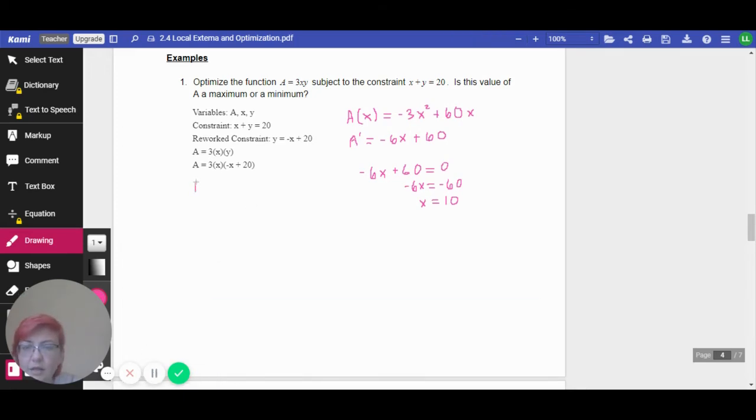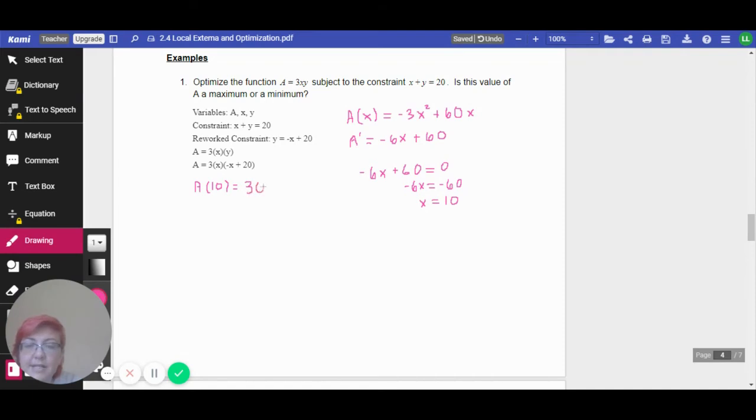So a of 10 equals negative 3 times 10 squared plus 60 times 10 is 300.